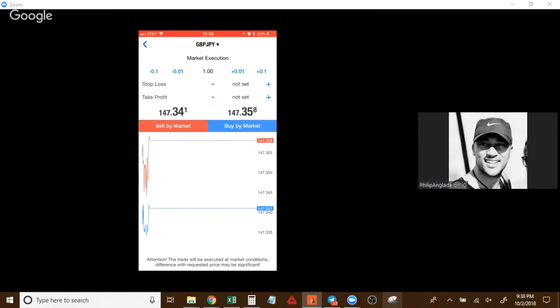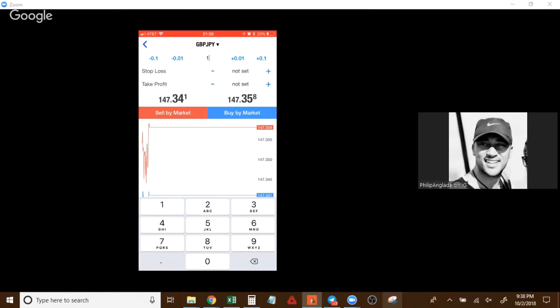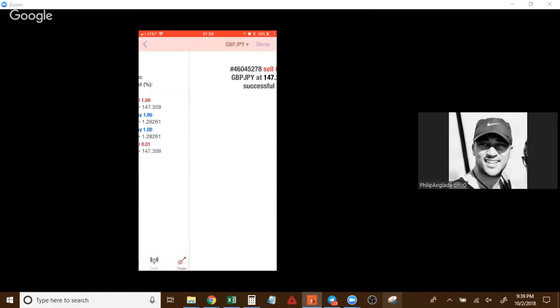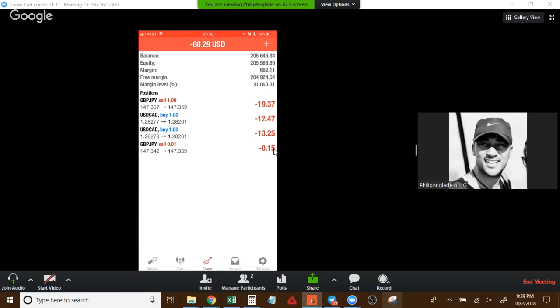So let's say for GBPJPY, the smallest lot size I can get into is this one right here, 0.01. I can click sell by market, and what you'll see is that this will be moving in pennies. See how it's moving in pennies?